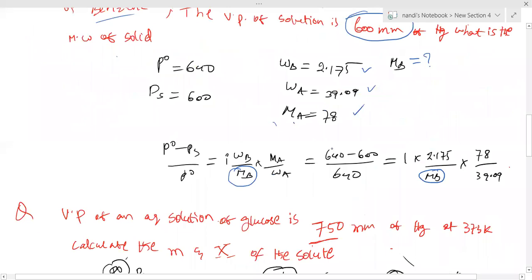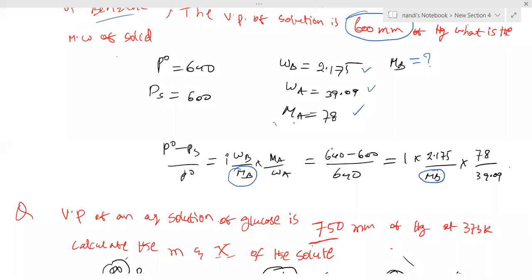The vapor pressure of an aqueous solution of glucose is 750 mm of Hg at 373 Kelvin.